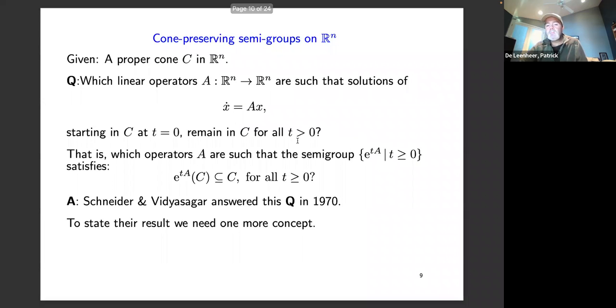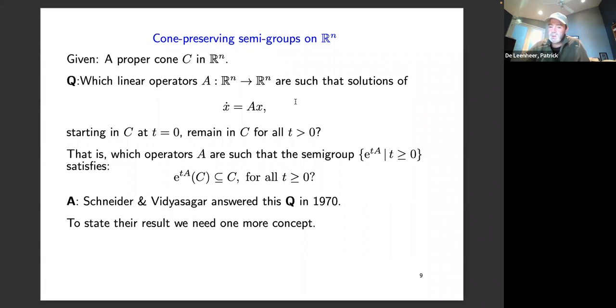So the first question one can ask is, given a proper cone C, and now I'm going to look at differential equations, x dot is Ax. So they're parameterized by these matrices A, linear operators, which A's have the property that when I start in the cone and I solve the differential equation, the solution remains in the cone forever.